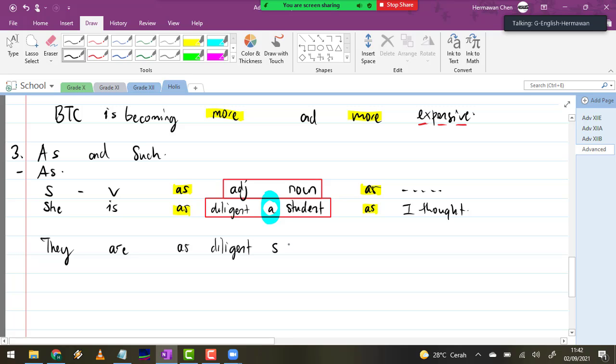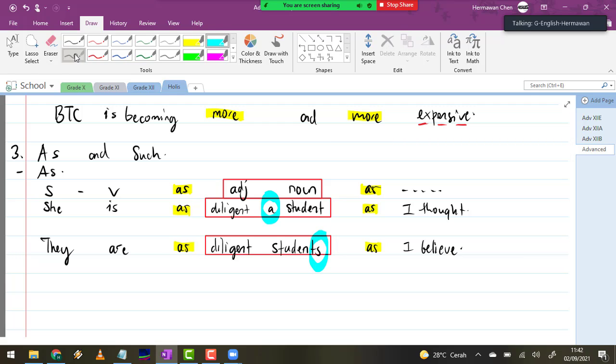We don't use a any longer because the subject is plural. It means we also have to put the noun into plural. It becomes students, as I believe. Have a look. That's the pattern. Don't forget the S because the subject is plural. Any question?